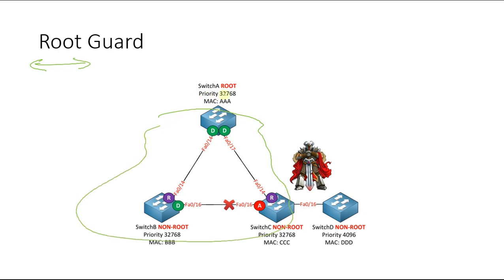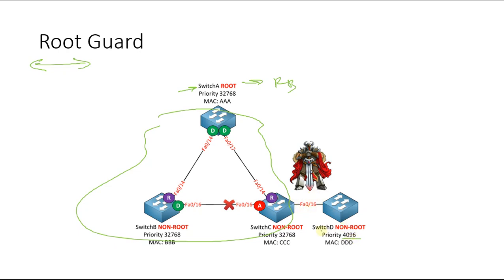All the priorities are the same, 32768, with the lowest MAC address on switch A. This switch becomes the root bridge, but there is a switch D that has a lower priority than the three-switch network.